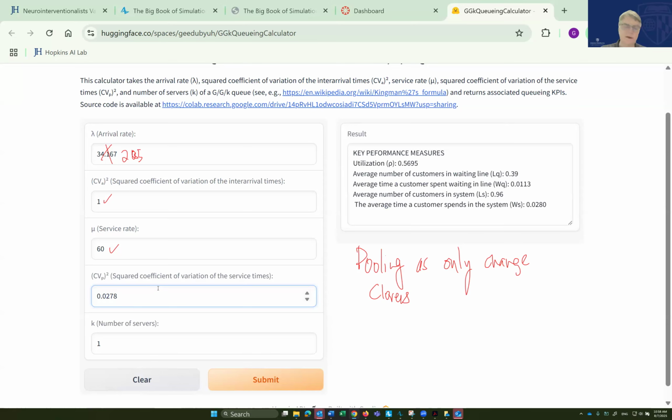Okay, so the impact was not even as much as we were saying. Let's just see what it is. So that was the six baristas, the base case, but losing one barista.